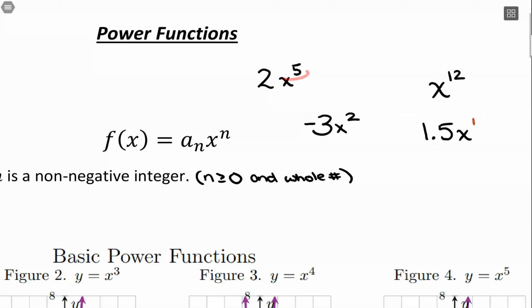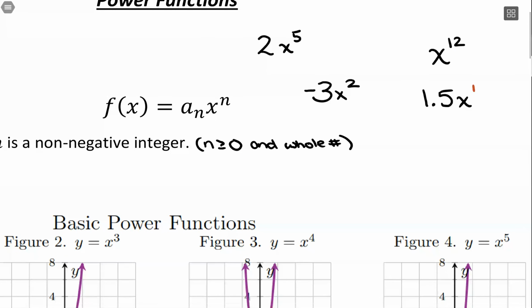but we have these non-negative integers. Now, the case where we could have a power of 0, and this is kind of weird for a power function, but it will come up with our polynomials. Let's say we just had 5. This is technically 5 times x to the power of 0, which is allowed for a power function.